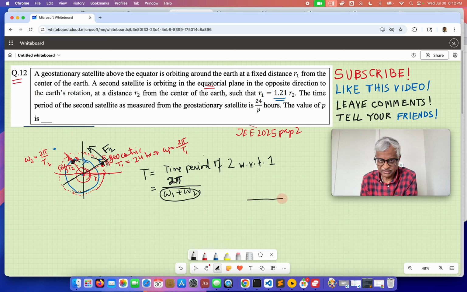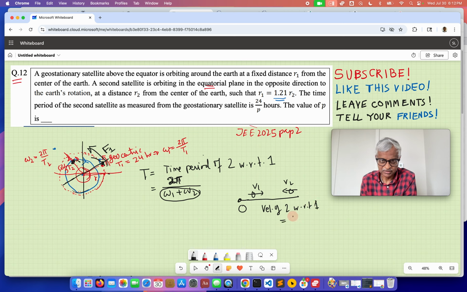What you would be thinking: I have this guy with a velocity v1 and this guy with velocity v2, both with respect to O. Then what's the velocity of 2 with respect to 1?